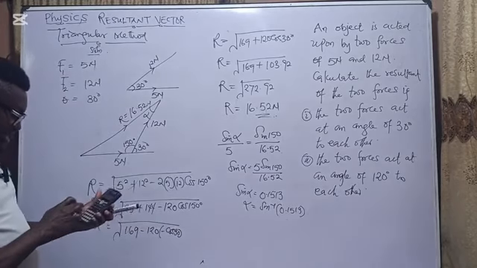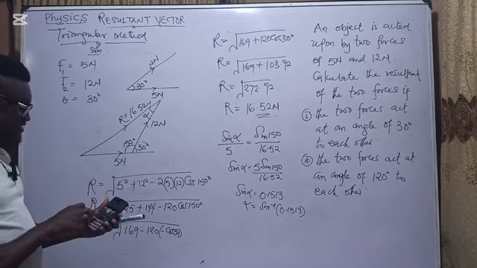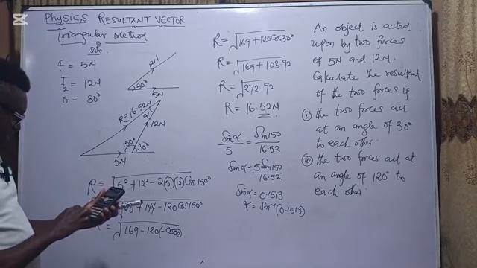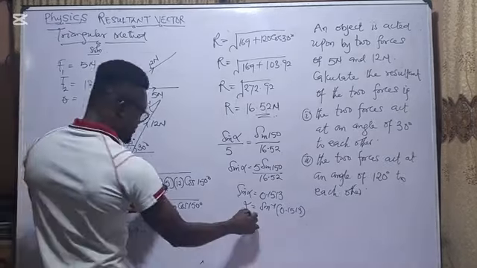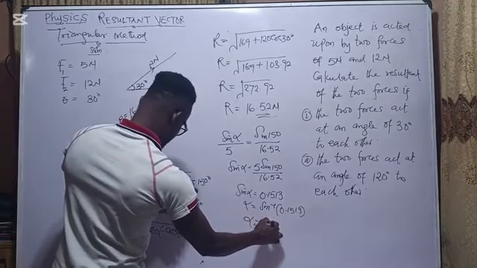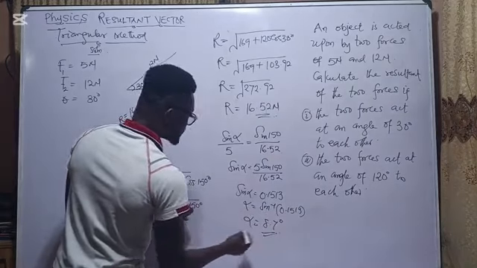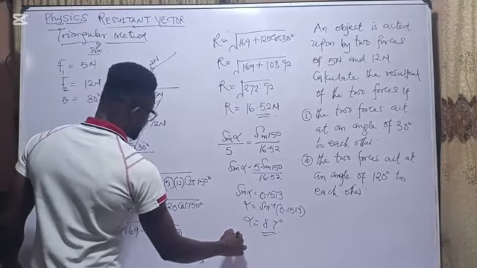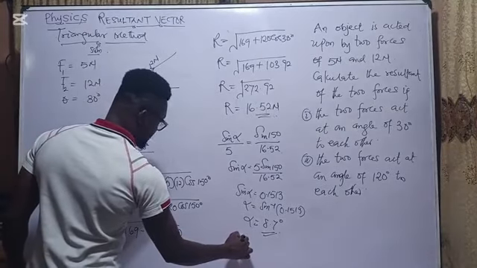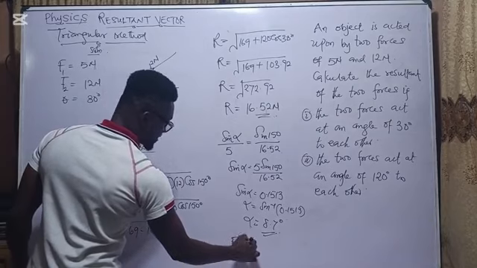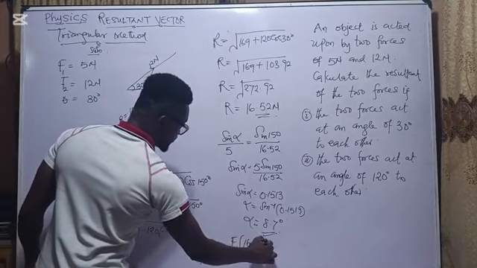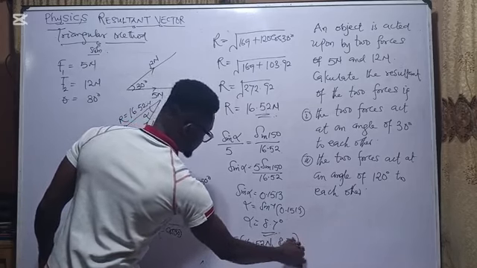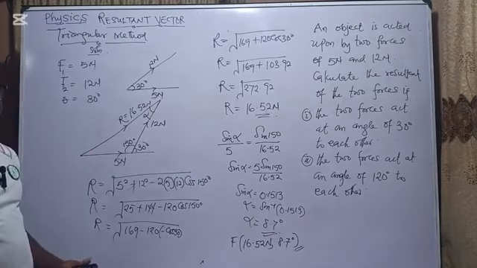So what's the sine inverse of 0.1513? It's going to give us 8.7 degrees. So that gives the direction. So in that case, we have the resultant force: the magnitude is 16.52 Newton, while the direction is 8.7 degrees. So we have it as the answer.